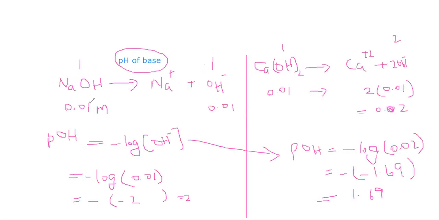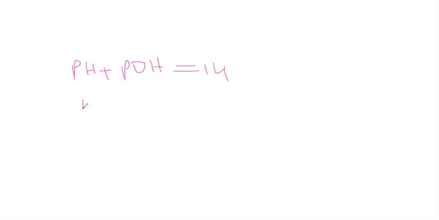Let's suppose the pOH of the base is 2. Now I want to calculate the pH of this base. Because pOH is 2 and pH plus pOH is equal to 14, the pH will be equal to 14 minus 2, that would be equal to 12.